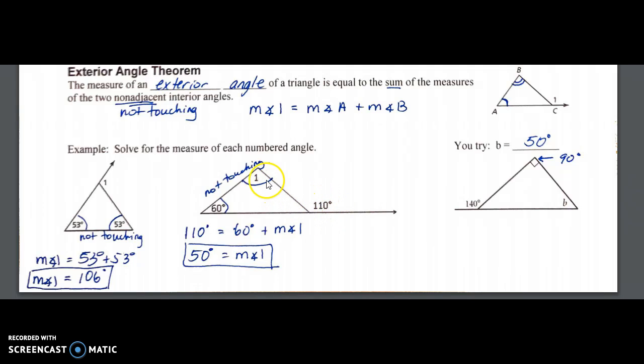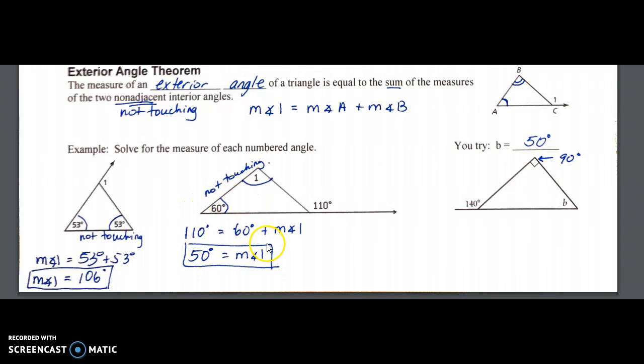And when I take a look at the measure of angle 1, I see that it is one of the angles that's not touching the exterior angle of 110 degrees. Because of that, I can use the measure of angle 1 and the other angle that's not touching 110 degrees. So we have angle 1 and we have 60 degrees.